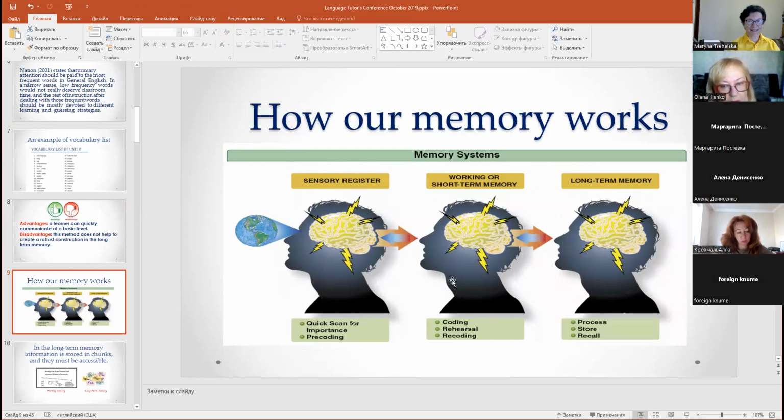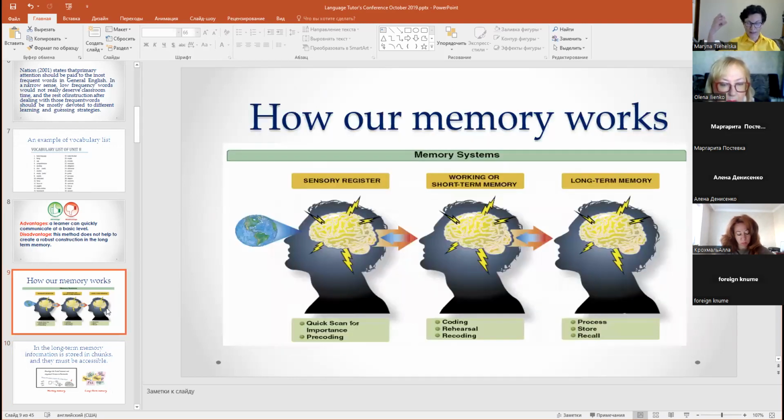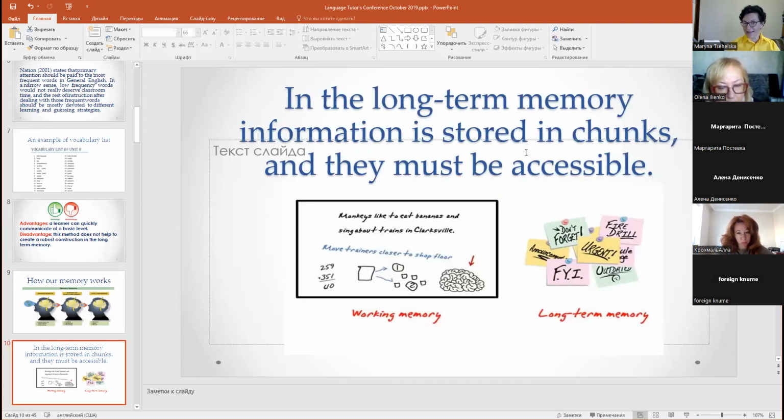This is my favorite subject to think about, and to understand how to teach our students better, we really need to understand how our memory works. And for this, we need to think of how to put all this information into our memory, and how to access this information from the memory.